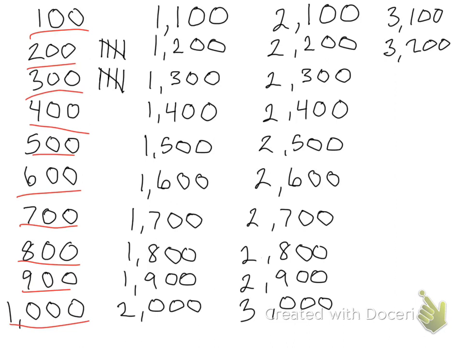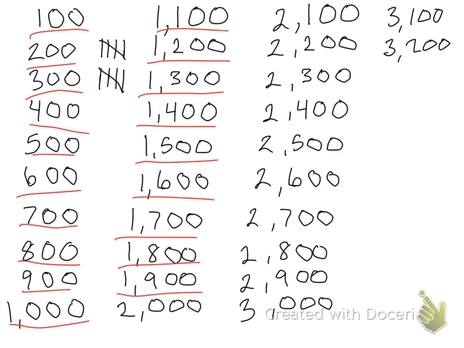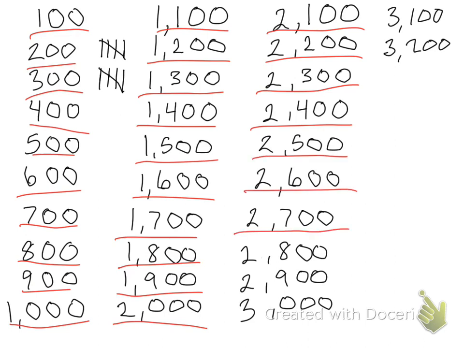Let's see if I can keep counting by 100s. So I have 1100, 1200, 1300, 1400, 1500, 1600, 1700, 1800, 1900, 2000, 2100, 2200, 2300, 2400, 2500, 2600, 2700, 2800, 2900, 3000, 3100, 3200.